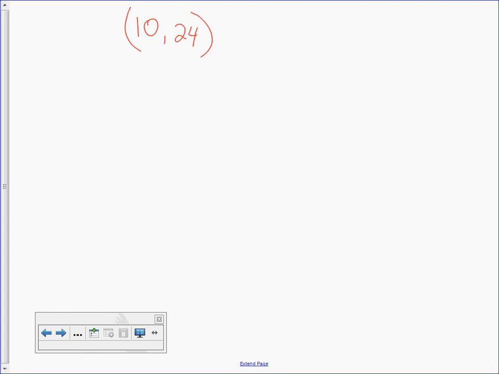What's the first thing you're going to solve for? R. So your r value is going to be the square root of 10 squared plus 24 squared, which is 26. So that means I now know what my x value is, my y value, and my r.